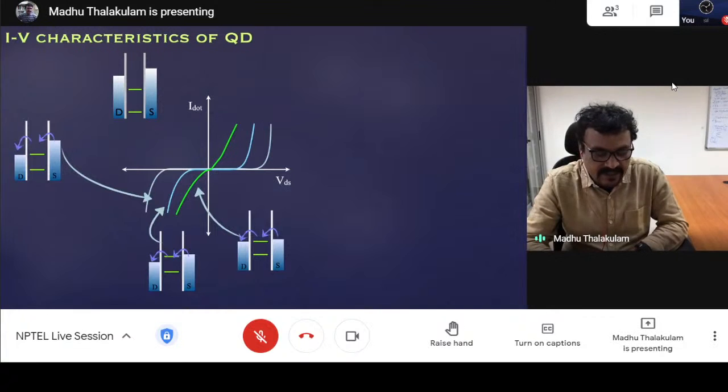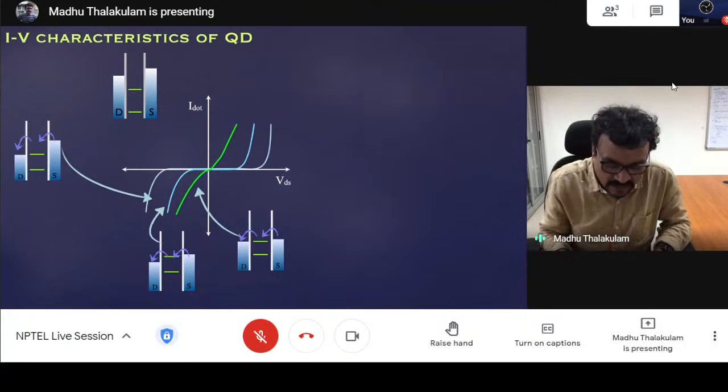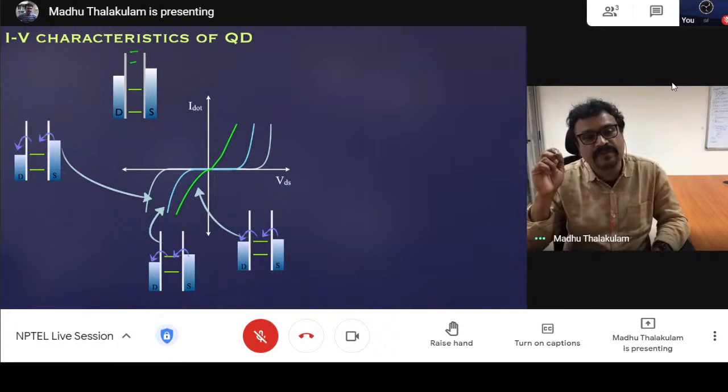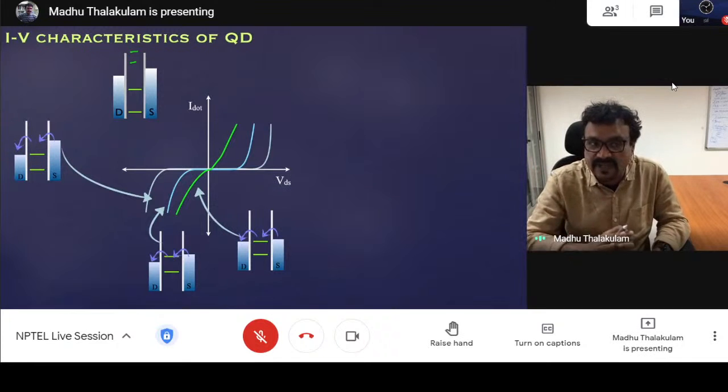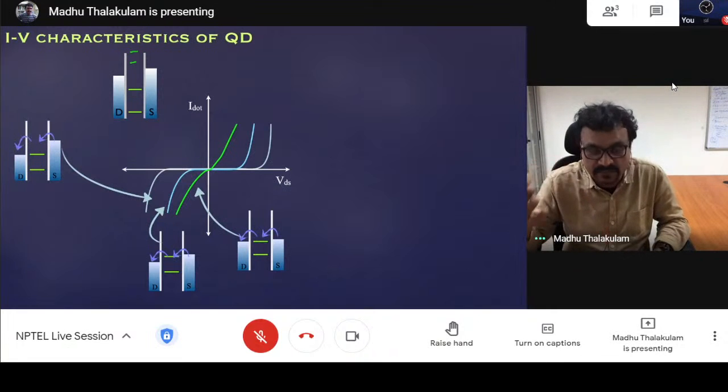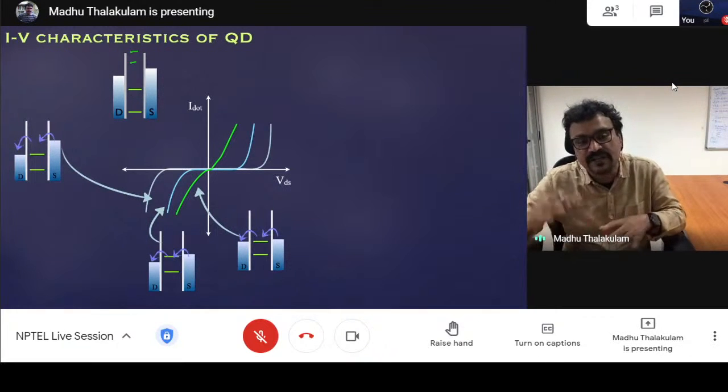Okay, and of course, these are not only two levels. There are further levels upwards, which I can draw. So there are levels up further. Normally, the transport is shut down. If you want to get a transport, you have to raise the source to drain voltage.